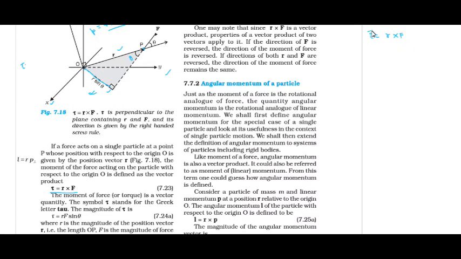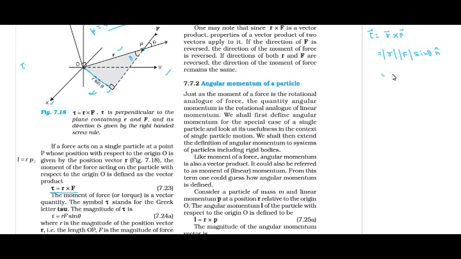So this is vector, this is vector, this is vector. So vector A cross B is equal to AB sine theta. Similarly, the magnitude of r, magnitude of F sine theta and unit vector n.